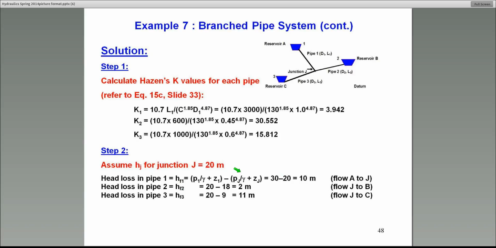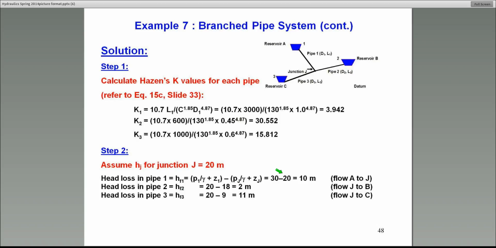It's not ZJ by itself, okay? Because J is an internal point, its pressure is not 0, while at the reservoir point, P1 over gamma is 0. Therefore, Z1 is equal to that 30 meters. So that 30 meters represents the elevation head, but not this 20. That 20 is the combined hydraulic head. Is that okay? All right.